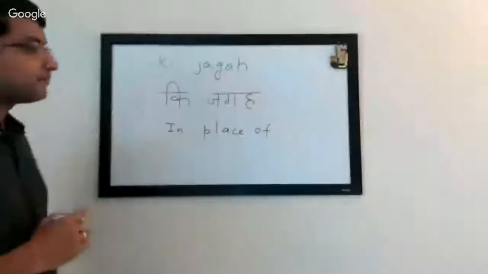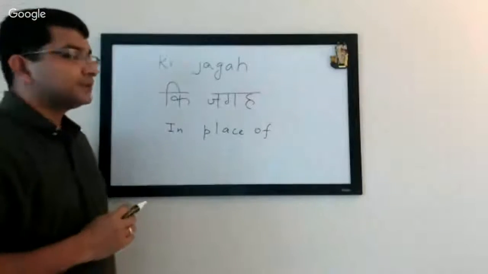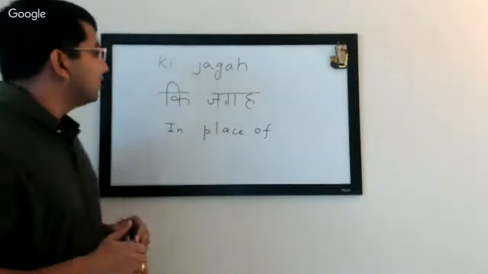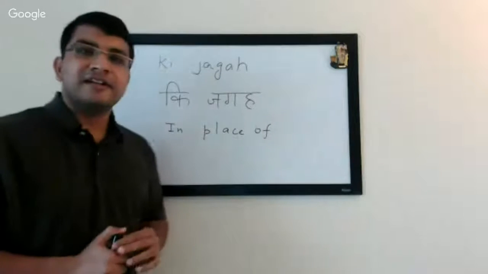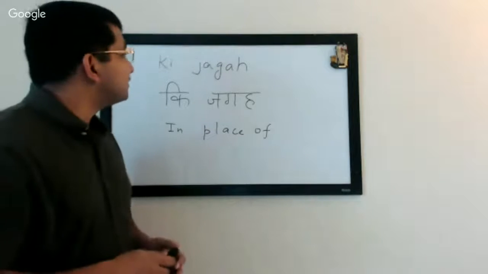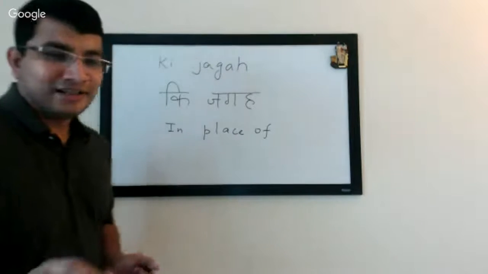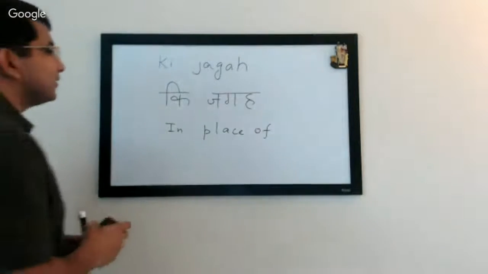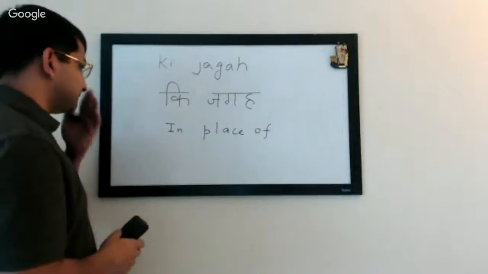Anybody know how to use it in sentences? If you can think of some examples, feel free to write them down in the chat box, so I can also cover that.